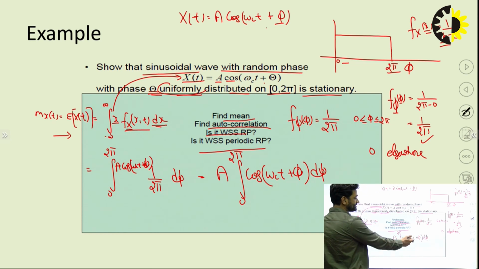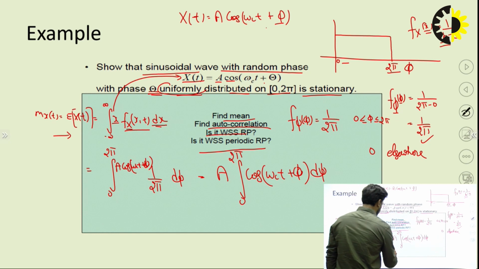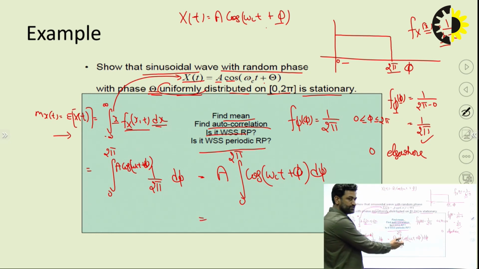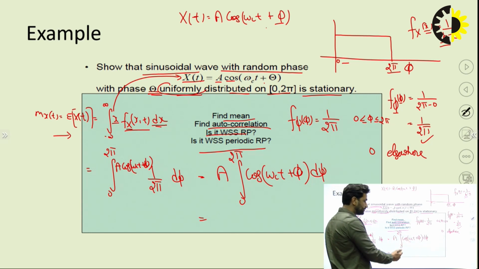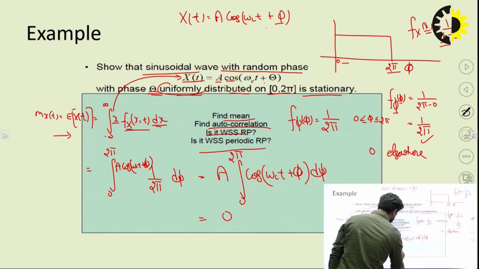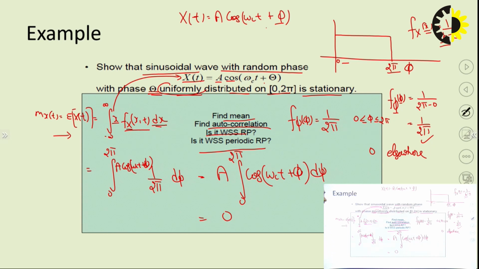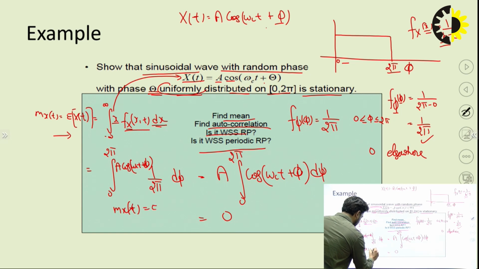Because we are integrating a sinusoidal signal, this is the property. Integrating from 0 to 2π gives the sine, and sine 0 is 0 and 2π is also 0. So it will give you mean 0. Right? So we have calculated the mean μx(t), or you can say E[X(t)], it is 0.